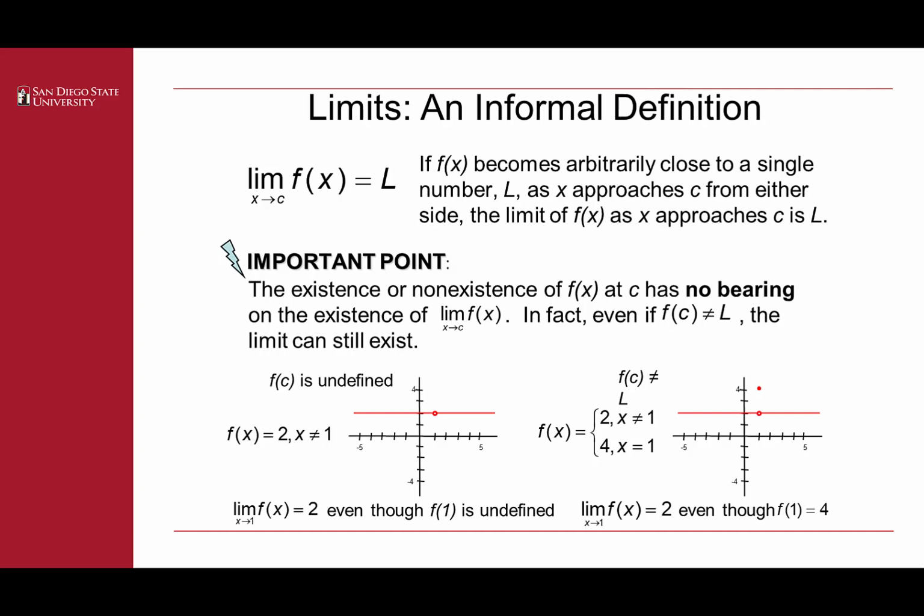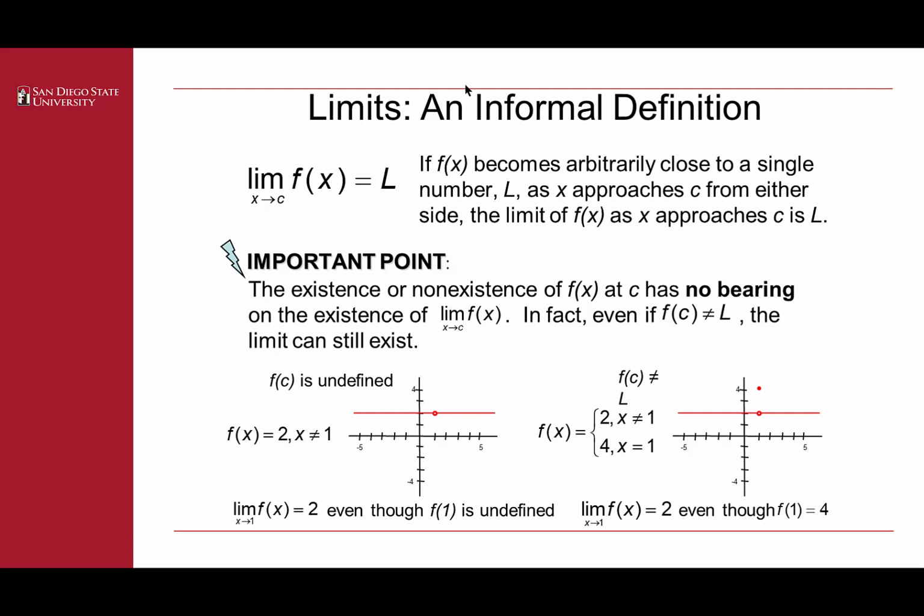We have the function f of x equals 2, so it's a constant function, where x is not equal to 1, so it's not continuous. We have a gap at x equals 1.